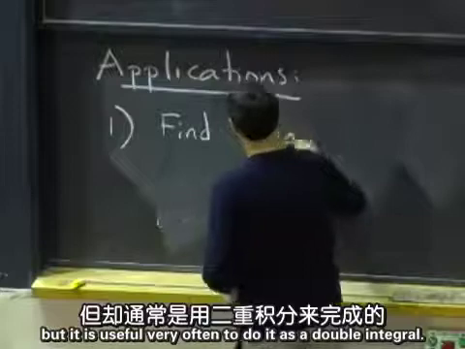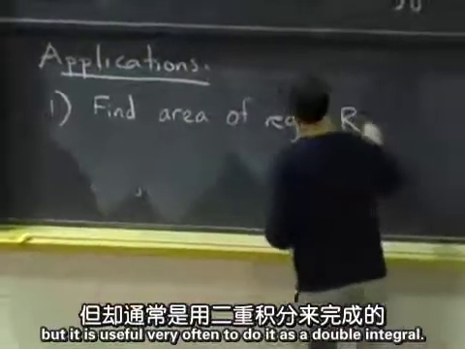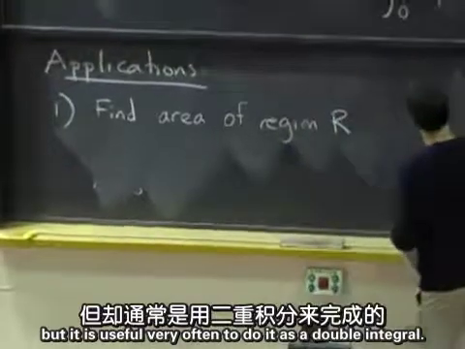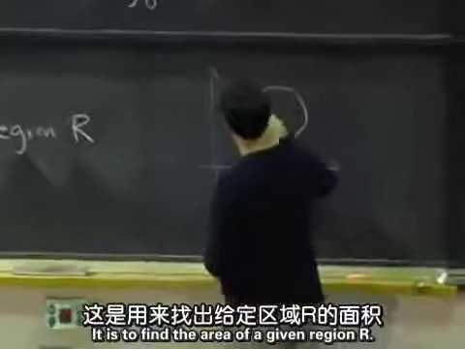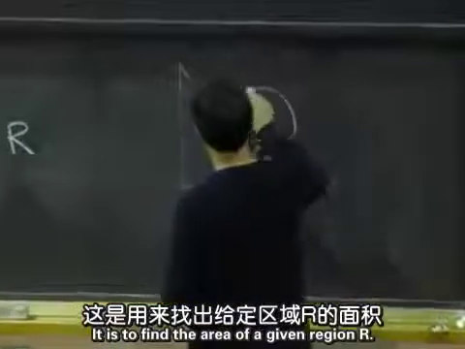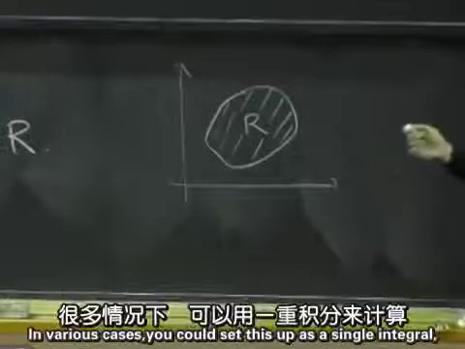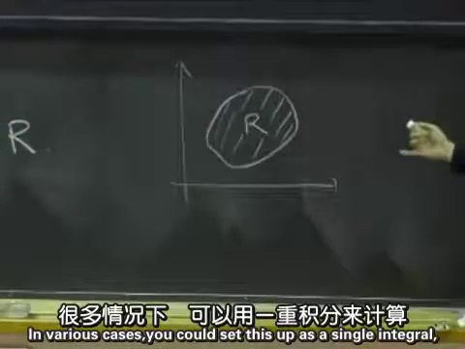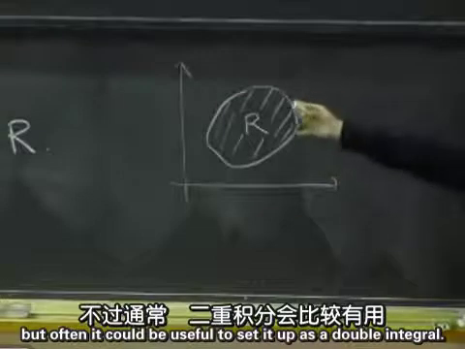It's to find the area of a given region R. Okay, so I give you some region in the plane, and you want to know just its area. So in various cases, you could set this up as a single integral, but often it could be useful to set it up as a double integral.